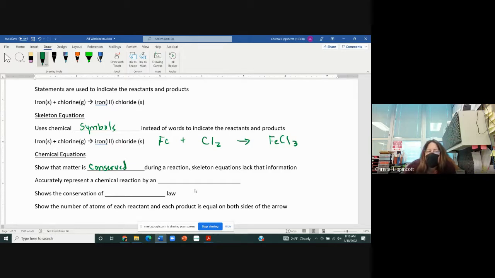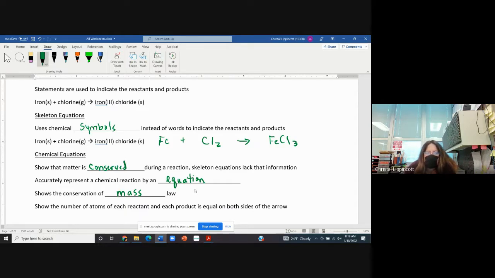We didn't. We just don't have the thing balanced yet. So they're going to accurately represent a chemical reaction by an equation. So we're going to use an equation to make that happen. And it shows the conservation of mass or matter, whichever one you want to think about, law.